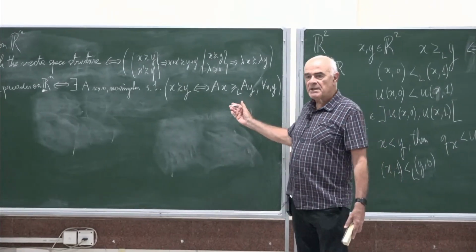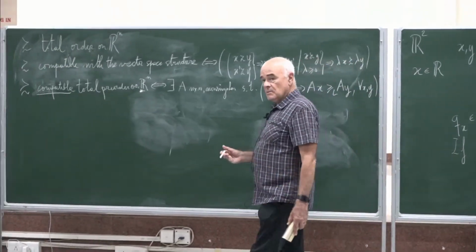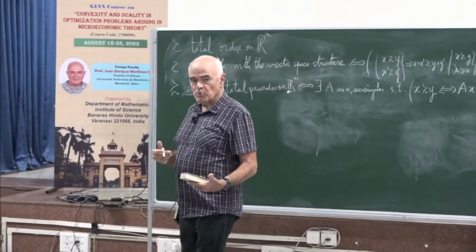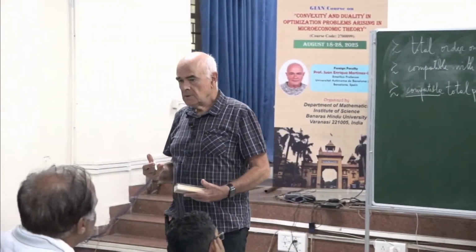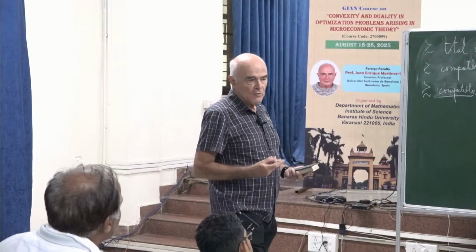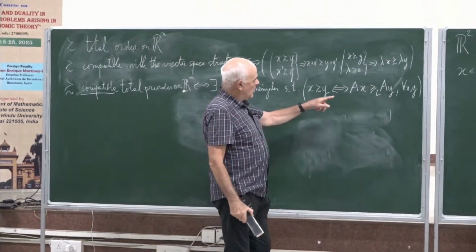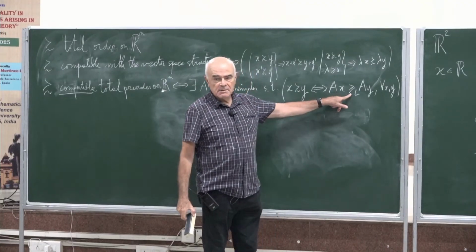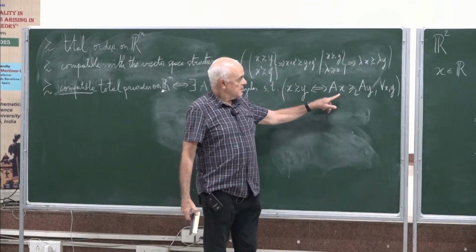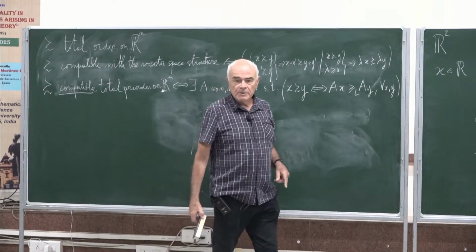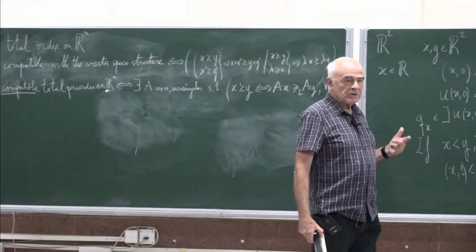This matrix A, which is non-singular, defines an isomorphism, an automorphism of Rn. So, up to this A, we have the lexicographical order. So this is what I said.